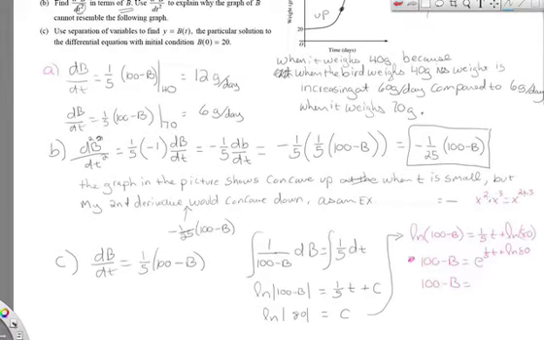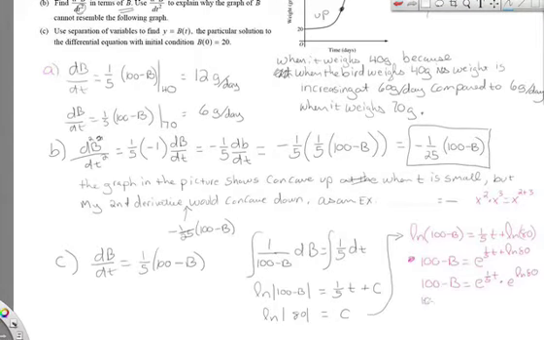So what we need to do is go backwards, because I have a sum. That means I could write it as e to the 1/5 t times e to the natural log of 80, and e to that is just 80.